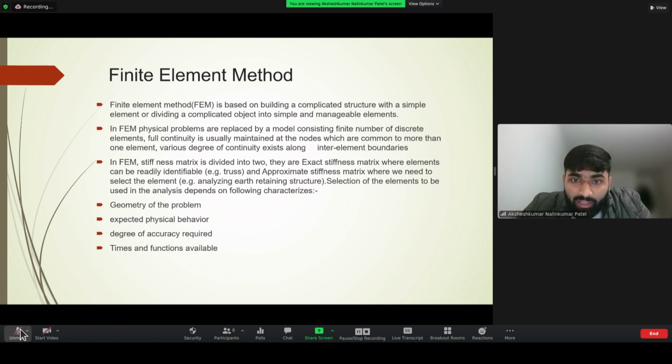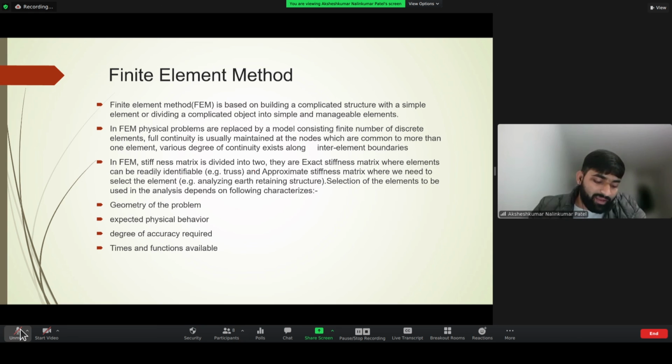To go with that, we have to understand one thing first: we make two types of matrix. First is the exact stiffness matrix, where the elements are easily identified, for example a truss. Another is the approximate stiffness matrix, where we need to select the kind of element.